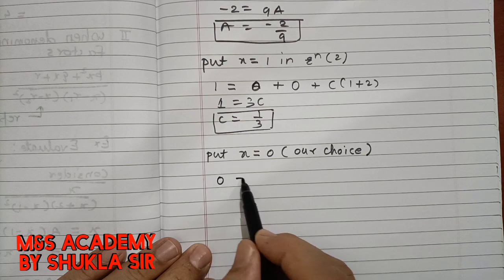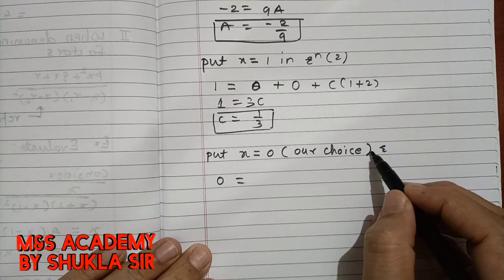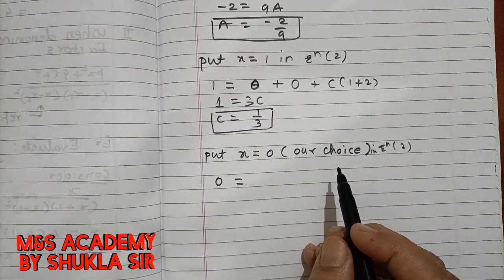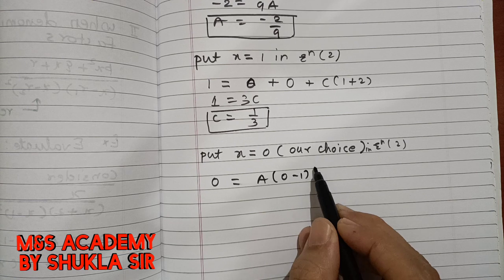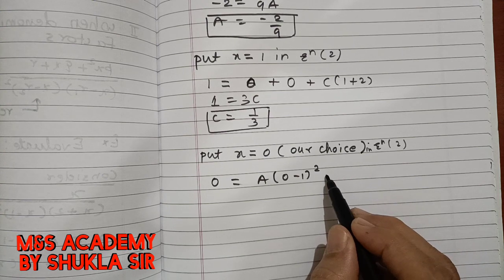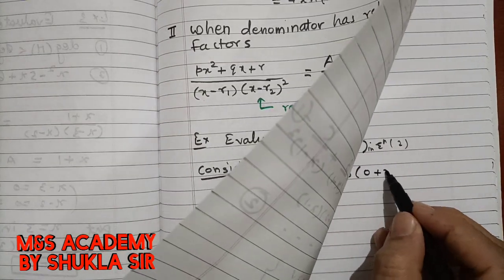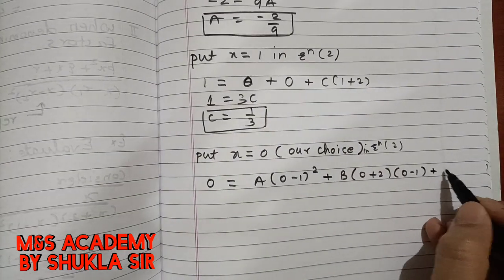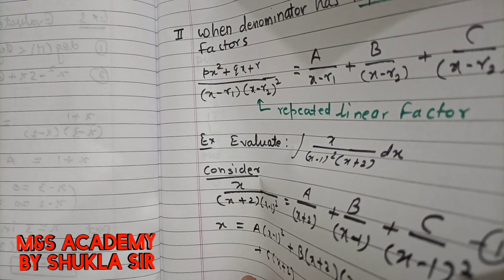So x is equal to 0, substituting in equation number 2, we get 0 is equal to a times 0 minus 1 the whole square, plus b times 0 plus 2 times 0 minus 1, plus c times 0 plus 2.